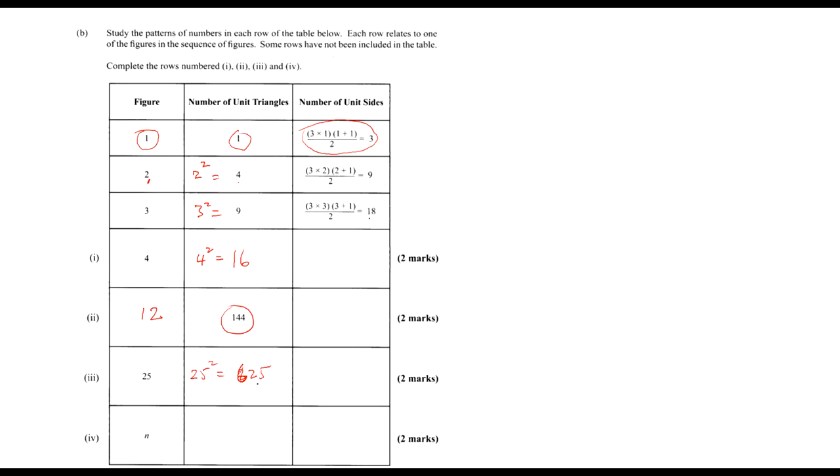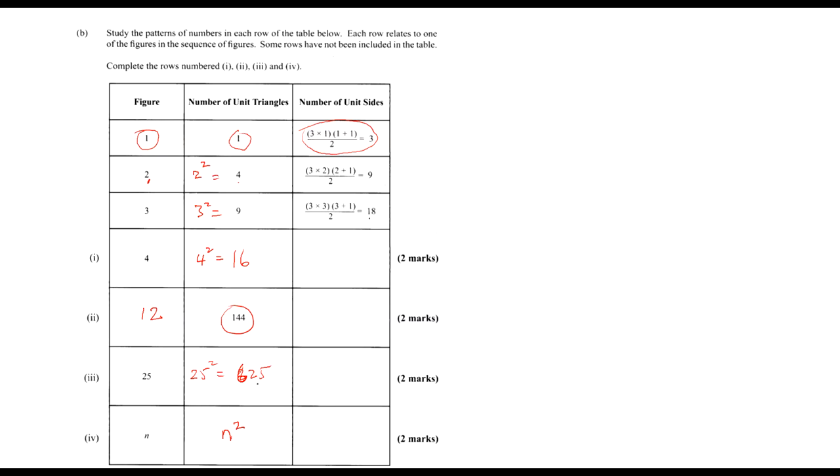So if we have a figure n, then this should be n squared. This pattern was easy to recognize. To get the number of unit triangles, we just square the figure number. So 1 squared gives me 1, 2 squared gives me 4, 3 squared is 9, and so on.